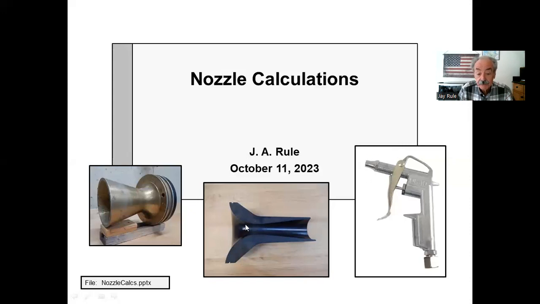Do notice here that even with these, the outlet area is smaller than the inlet area, but they're designed to be converging, diverging in order to achieve supersonic flow at the outlet. Supersonic flow, in other words, faster even than the speed of sound.